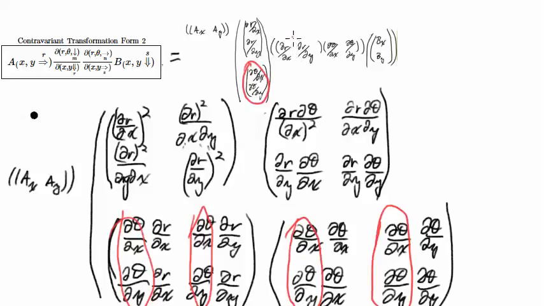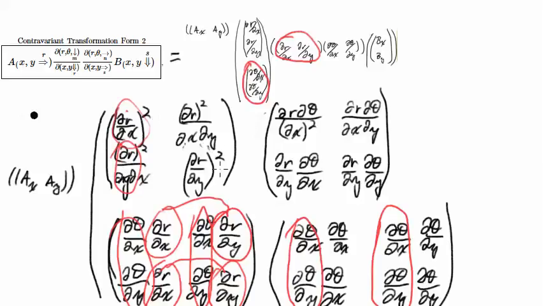∂r/∂x ∂r/∂y appears right here, and right here, and, well, this one's kind of messed up, but wait, no, not right there. Let's make it in a different color.